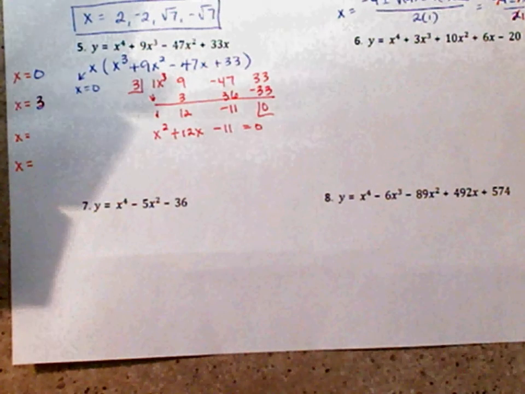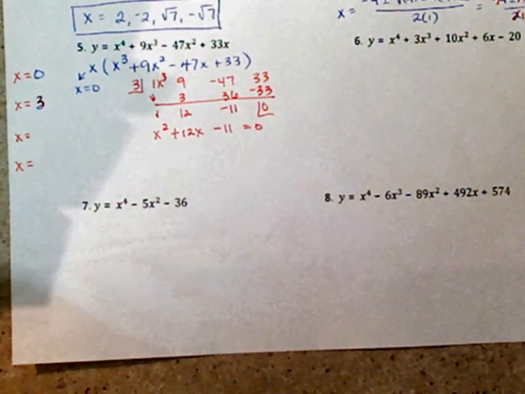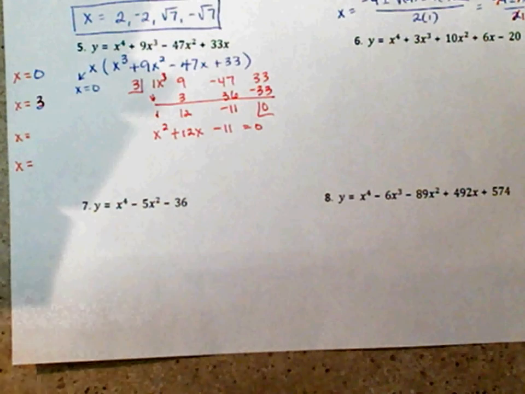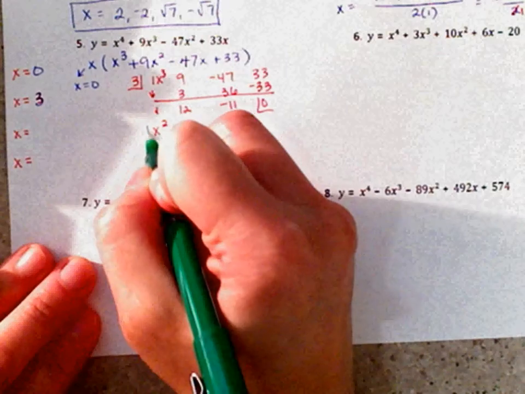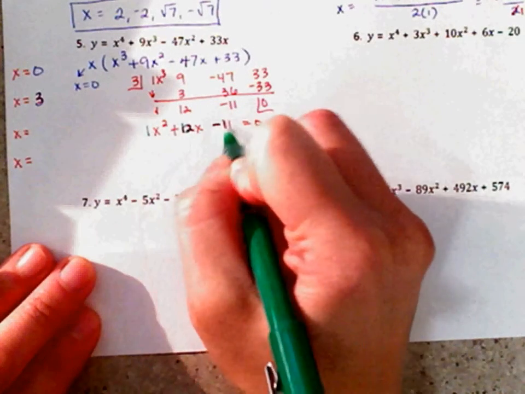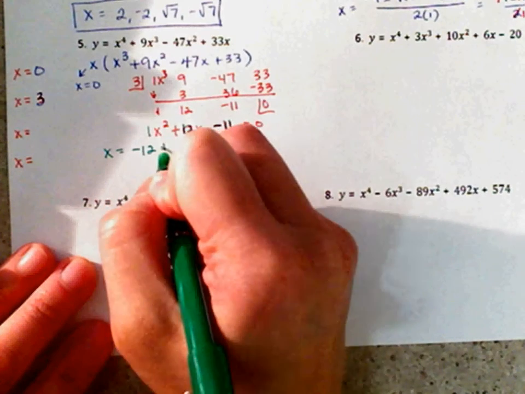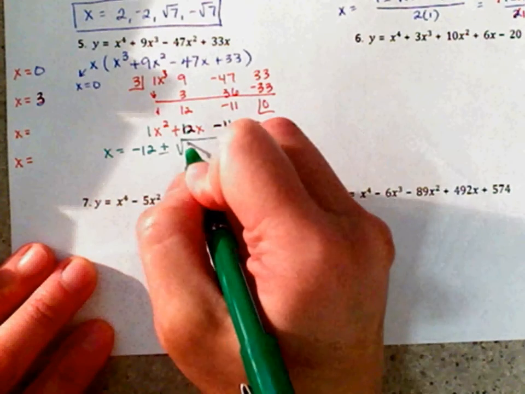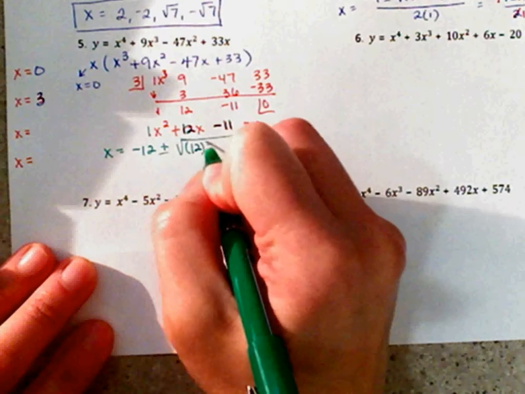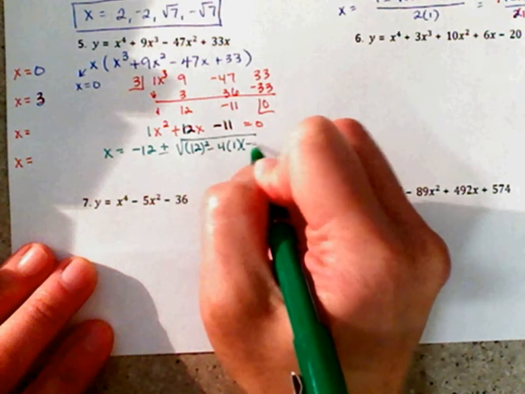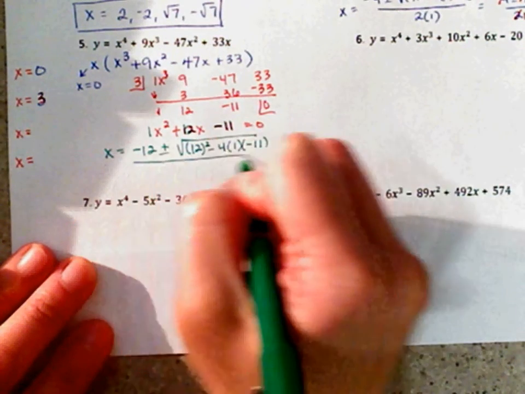So I'm actually going to use the quadratic formula again. Okay, so here we go. Here's your A, here's your B, here's your C. So x equals negative 12 plus or minus square root B squared minus 4 times your A times your C, all of that over 2 times A.